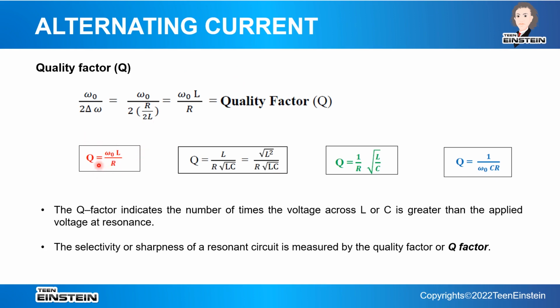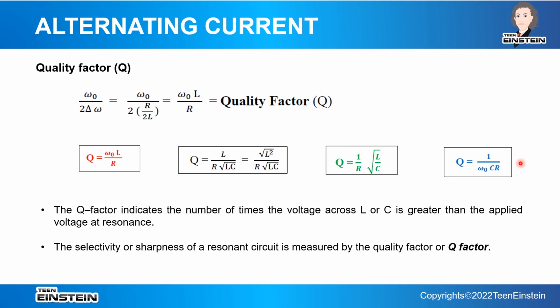We can play around with this equation a little bit more. Instead of omega 0, you can substitute 1 by root LC, and then you get Q equal to 1 by R into root LC. And from this point, you can also arrive at Q equal to 1 by omega 0 CR.